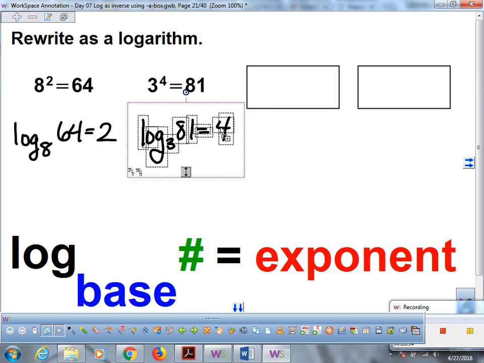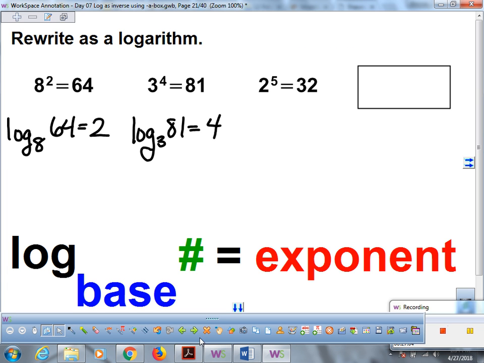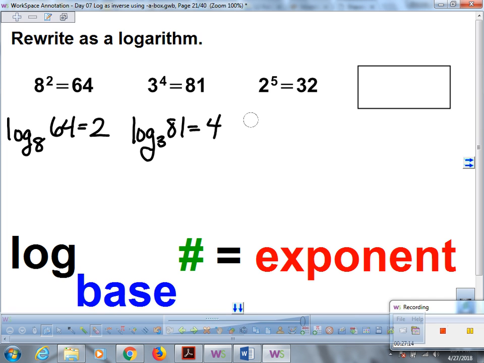I really have to think about it. And that one? Log base 2, 32 equals 5. Big gets small, small gets big, answer stays the same.